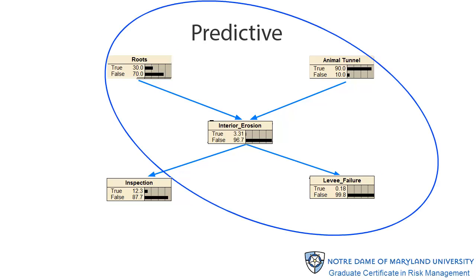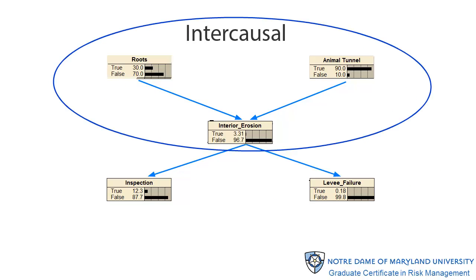Here's an example of predictive reasoning. It takes into account all the variables that can affect the probability of levee failure, and it makes the prediction of the levee failure probability using that information. Intercausal reasoning takes into account all the factors that influence an intermediate node.